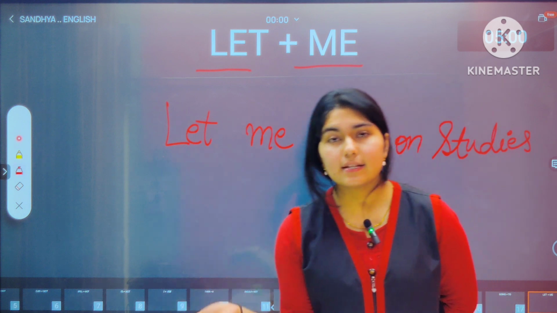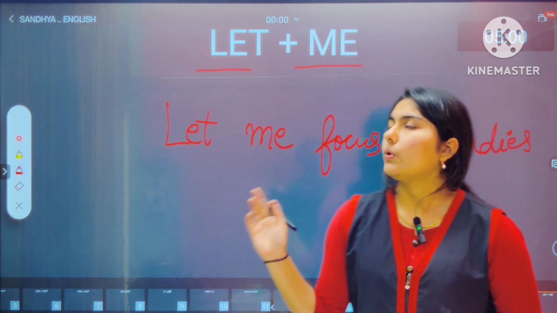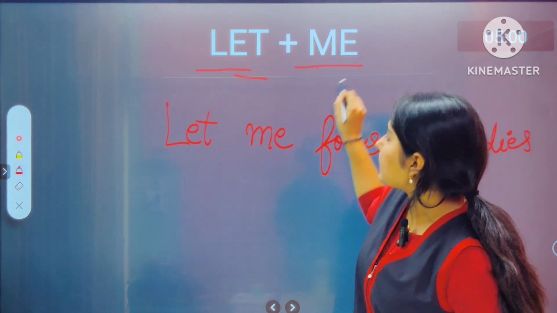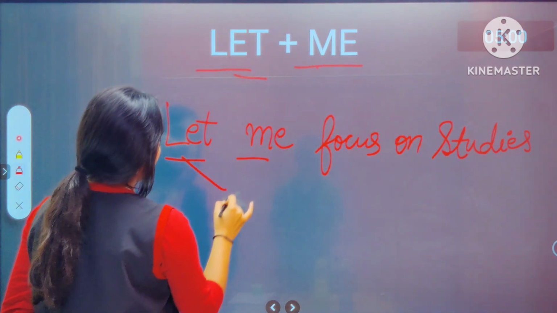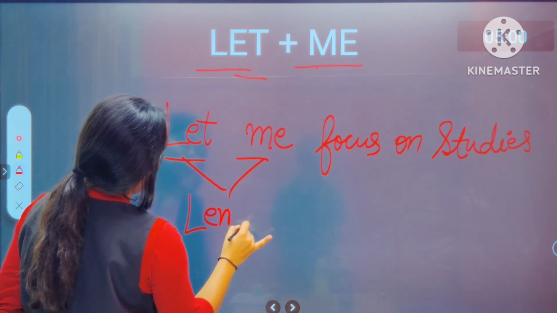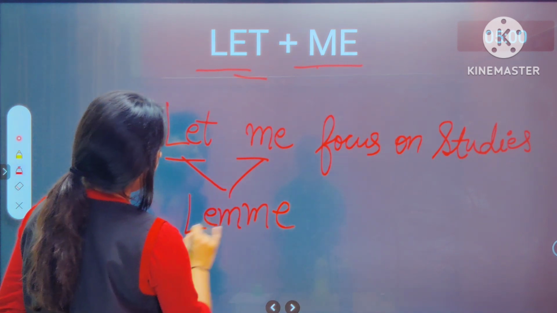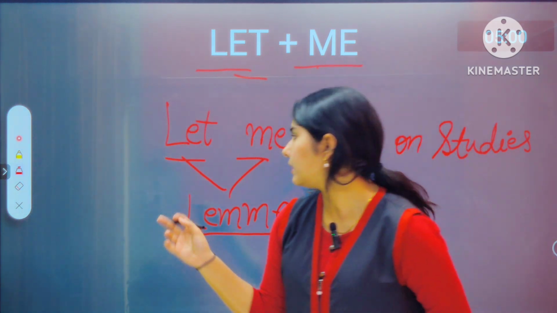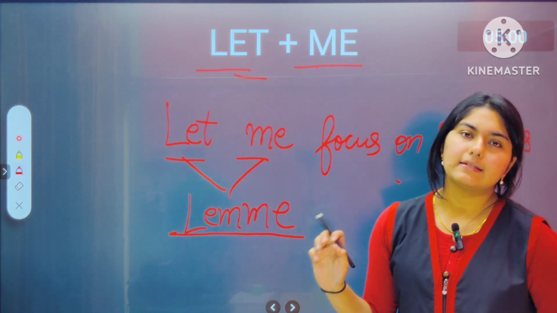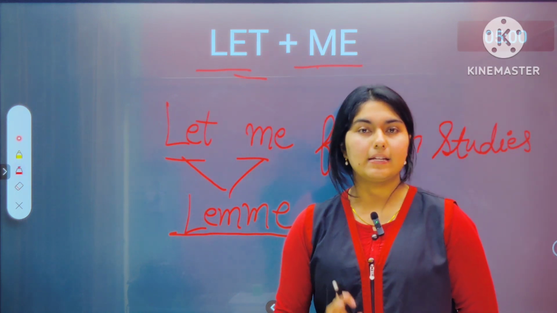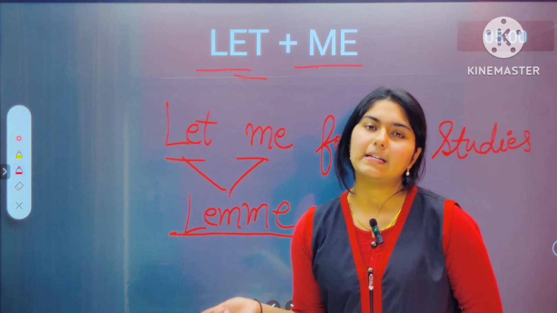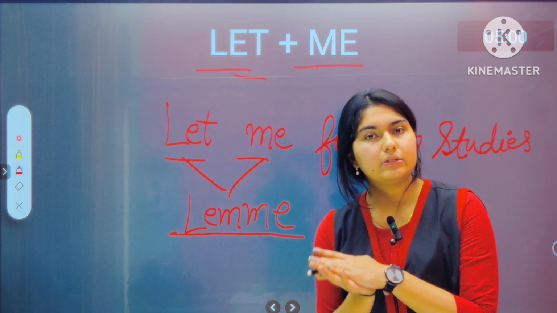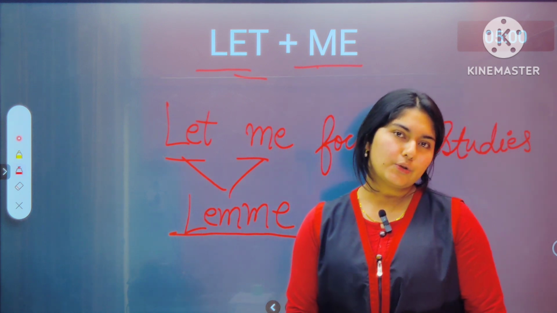Let me focus on my studies, or let me focus on studies. So here the contraction we'll make will be let plus me. So let plus me becomes lemme. L-E-M-M-E. So the new sentence which we got is lemme focus on studies. Instead of saying let me focus on my studies, you can say lemme focus on my studies. Again, we made the sentence shorter by merging both these words, and a natural flow gets added to your sentence.